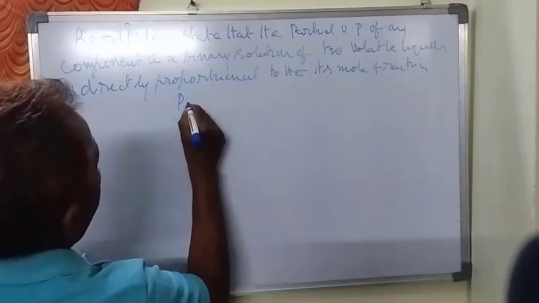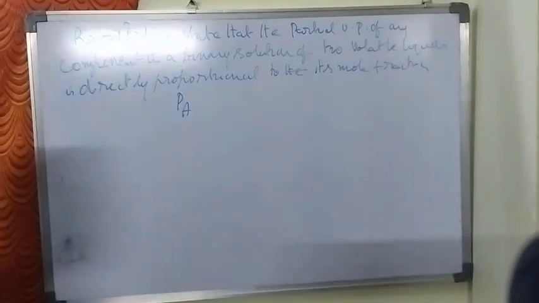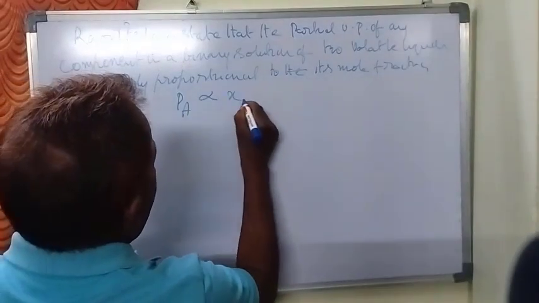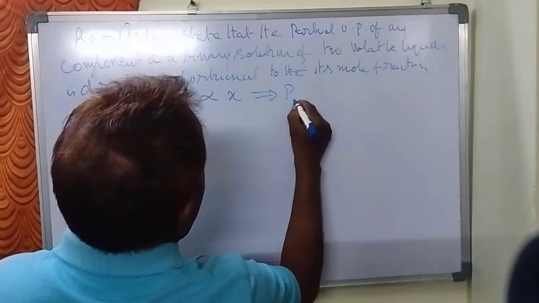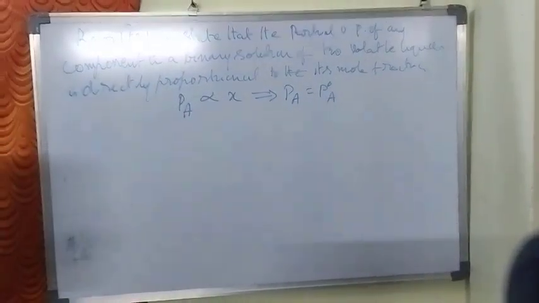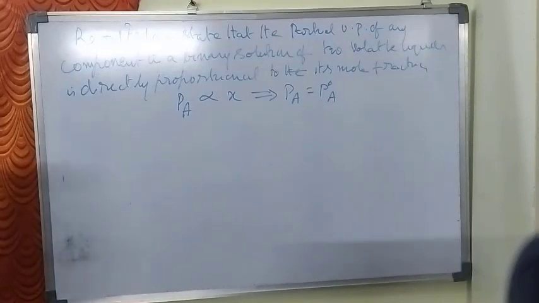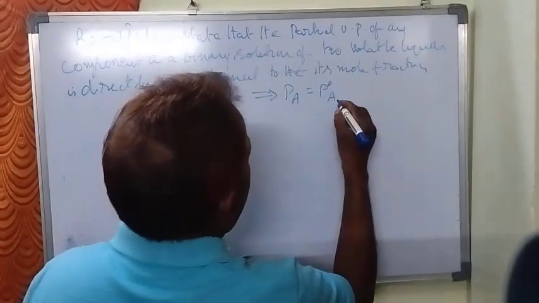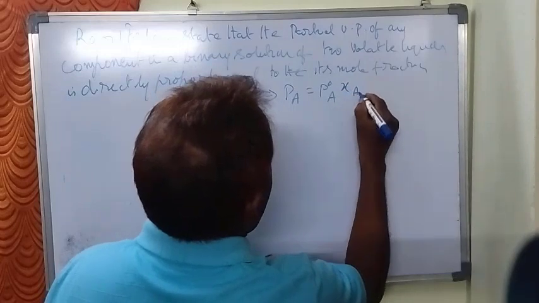Therefore, partial vapor pressure PA is directly proportional to XA, which implies PA is equal to P0A into XA, where P0A is the proportionality constant and the vapor pressure of the pure component A.